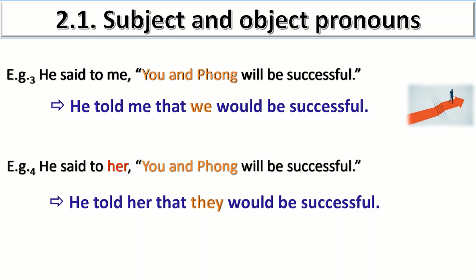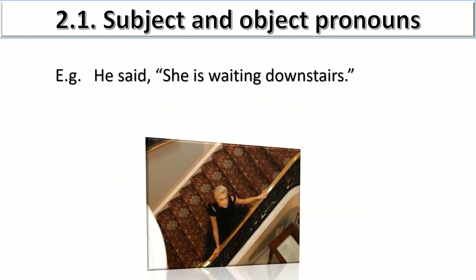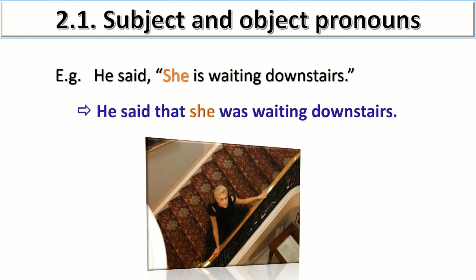Is it clear? Let's move to another part. Example 5. He said, she is waiting downstairs. She is a person, not me and not he. So I can write this sentence like this.